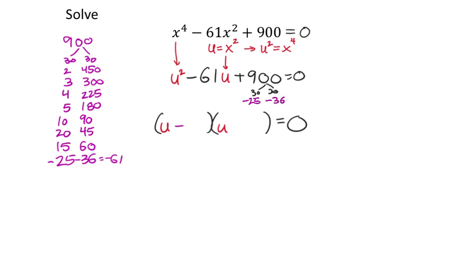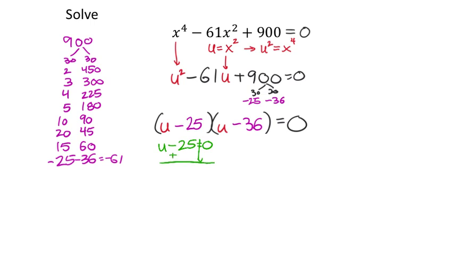So those just go right into the 2 binomials: u minus 25 and also u minus 36. If you did u minus 36 and u minus 25, it's exactly the same thing. Now I just need to solve these 2 equations. If I could get u minus 25 to equal 0, it would make this equation true.